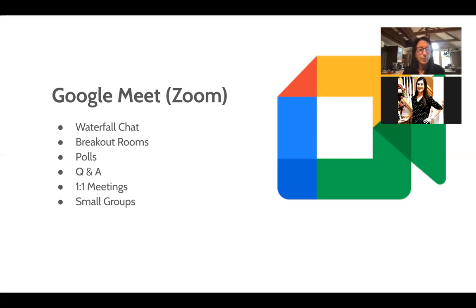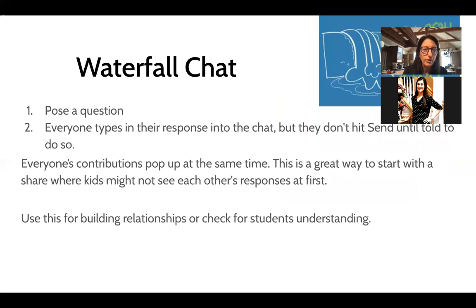It also has a Q&A where students could pose questions, and when the teacher is done lecturing, they can pull up the Q&A, and it goes in order by how often that question was asked, and it goes to the top of the list, and the teacher could then answer the questions. Google Meet is great for one-to-one meetings to connect with your students, maybe extra help, anything like that, as well as some small groups.